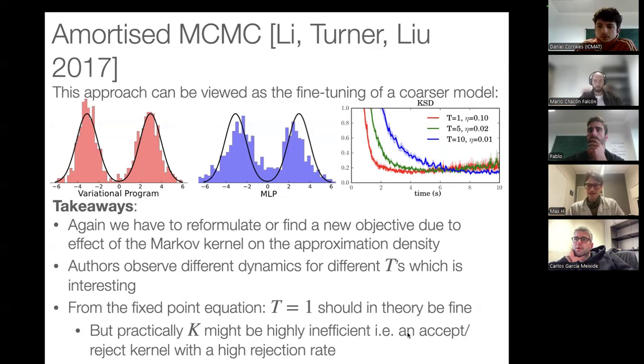In that case, Q of theta K is just going to look like Q of theta, because to sample from Q of theta K, you take a sample from Q of theta and you attempt to move it according to the Markov chain. But if the Markov chain always rejects the proposed sample, then you're always going to go back to your original sample from Q of theta. And so Q of theta K is going to look very, very similar to Q of theta, even though Q of theta is not an actual solution to the fixed point equation.